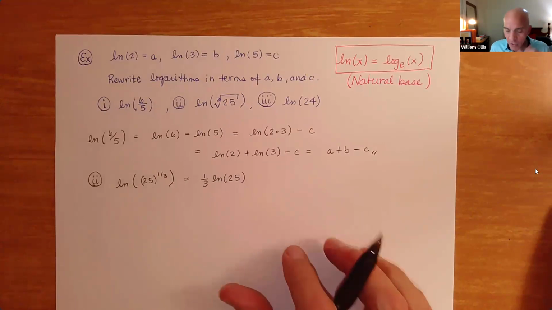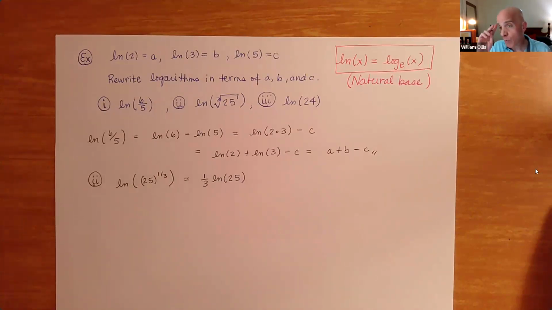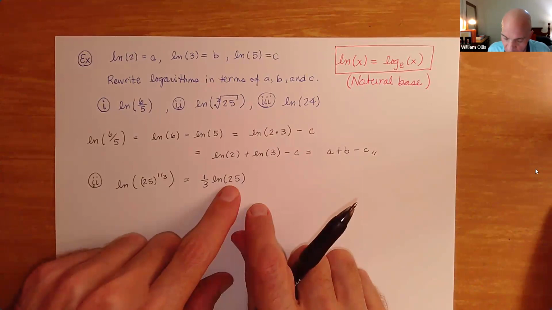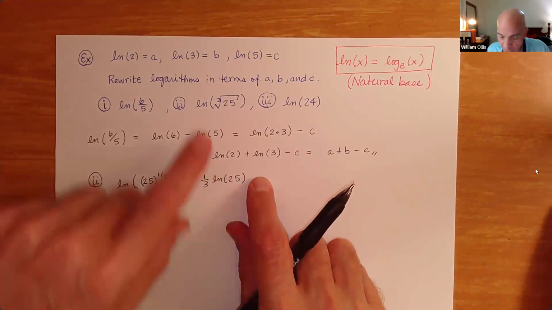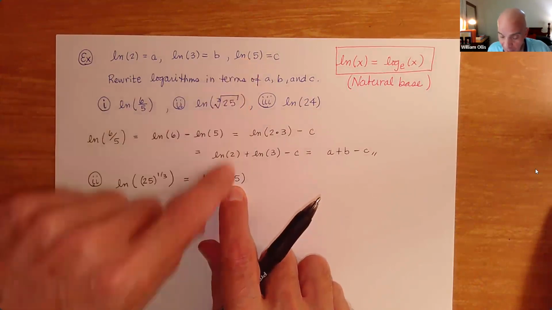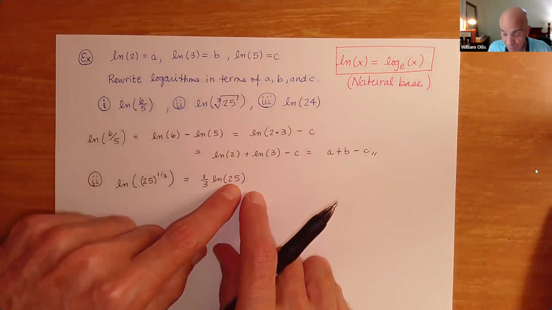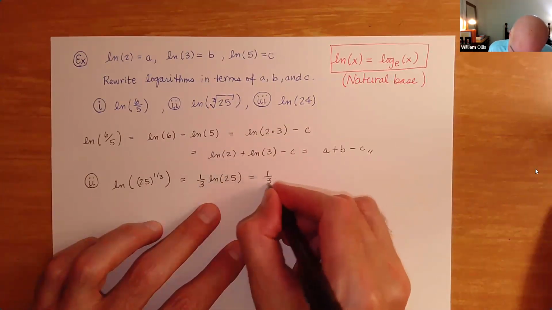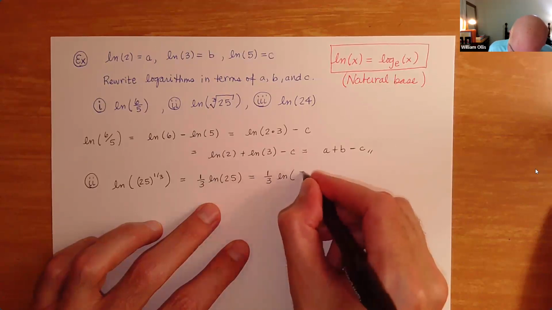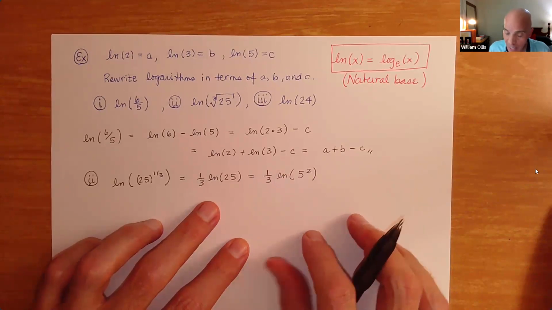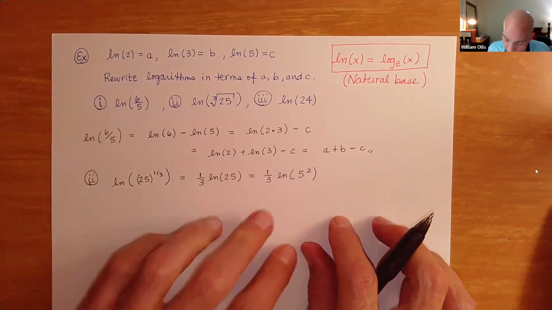Again, you may rewrite things in a different way, but the result will be the same as long as you apply the identities correctly. Now, of course, we're going to do the same thing we did in the previous problem. We can now rewrite the 25 as 5 times 5 and apply the product rule or the power rule, your choice. Let's just be crafty and do 1/3 times the natural log of 5 to the 2nd power, because 25 is 5 squared. And so now we can apply the power rule again.